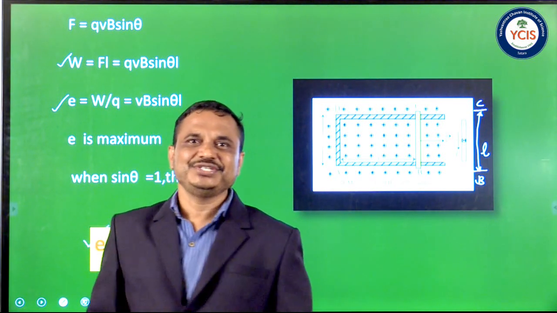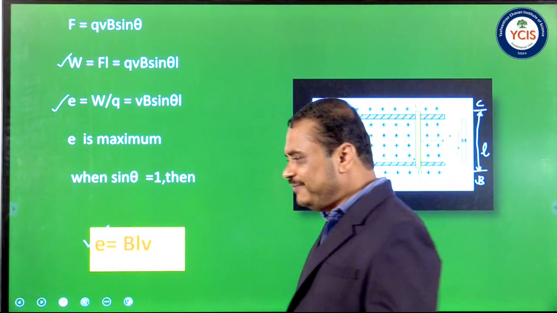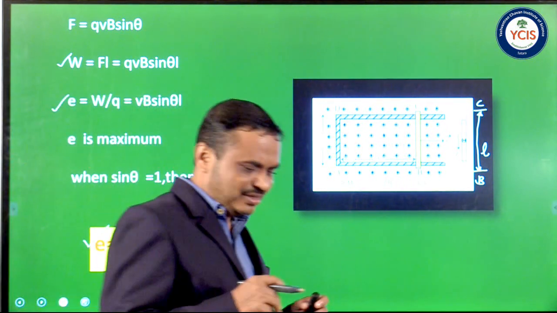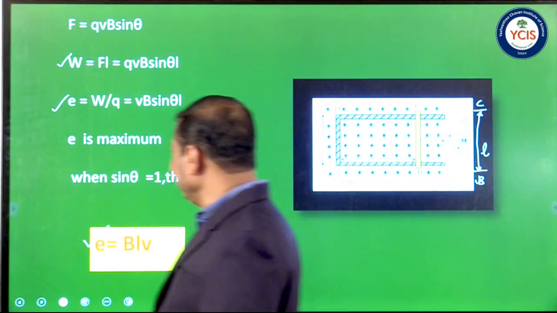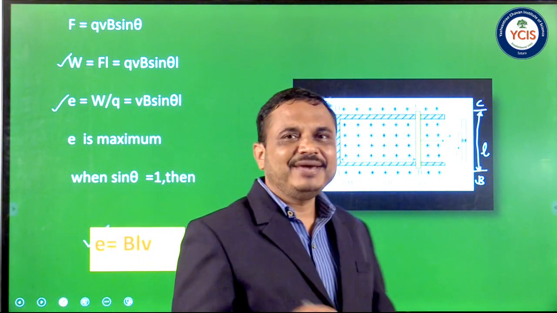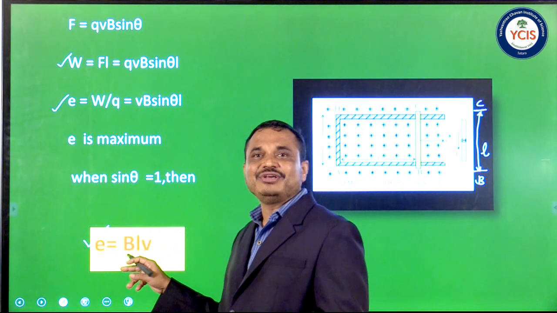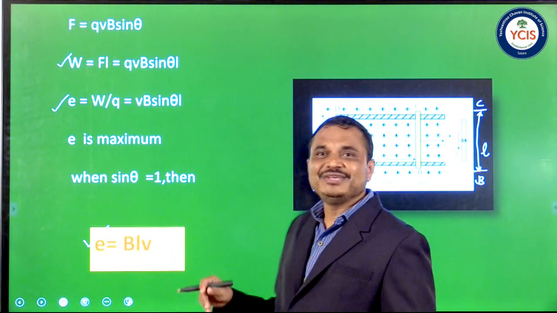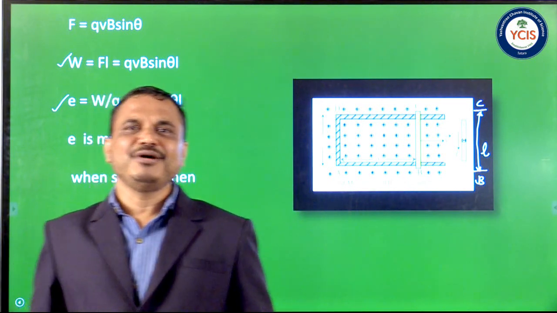This is the expression for motional EMF, or the EMF induced in a conductor having linear or translational motion in a magnetic field, with length L moving with velocity v in a magnetic field of induction B. B is the magnetic induction, L is the length of the conductor, and v is the velocity of the conductor.